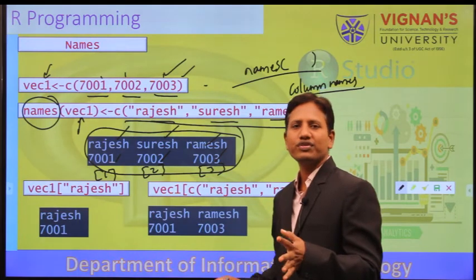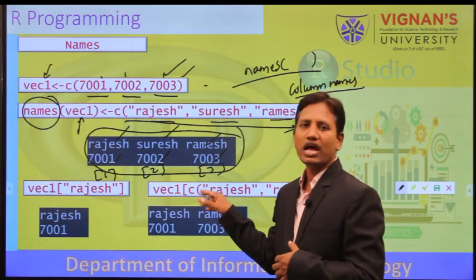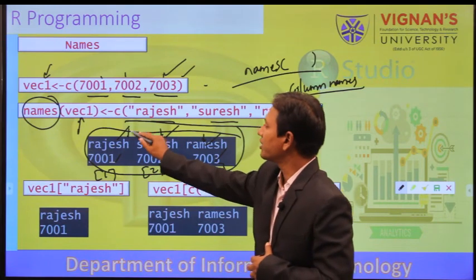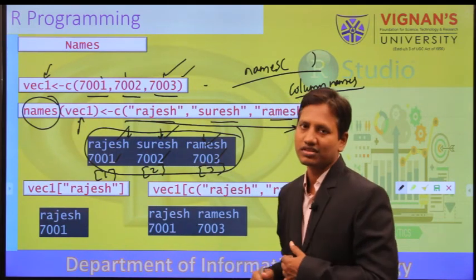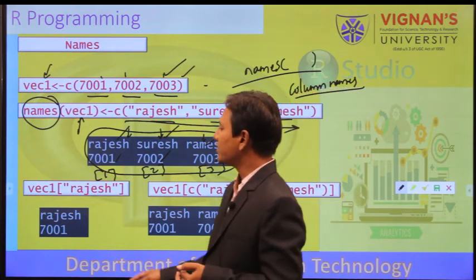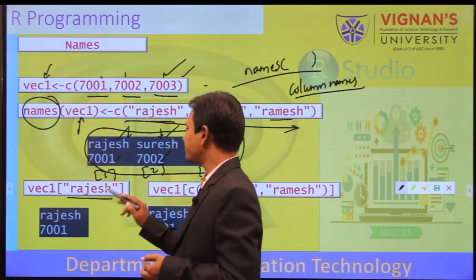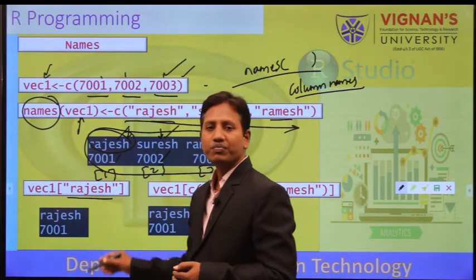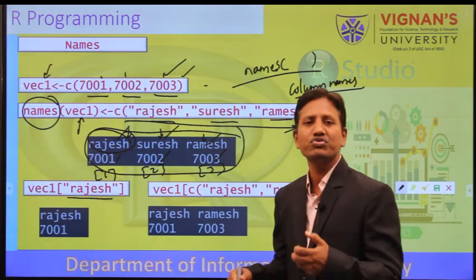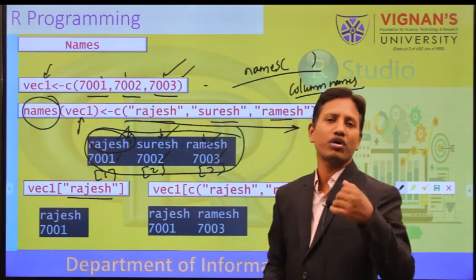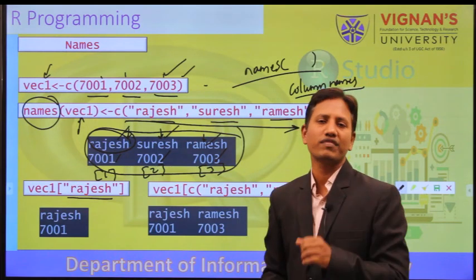But instead of using these index values, I can also use the names. This is another way of accessing the values. So here I have written vector 1 of Rajesh, passing this name. Previously, in a vector we used to pass only a numerical value, positive or negative, a blank value or a logical value.